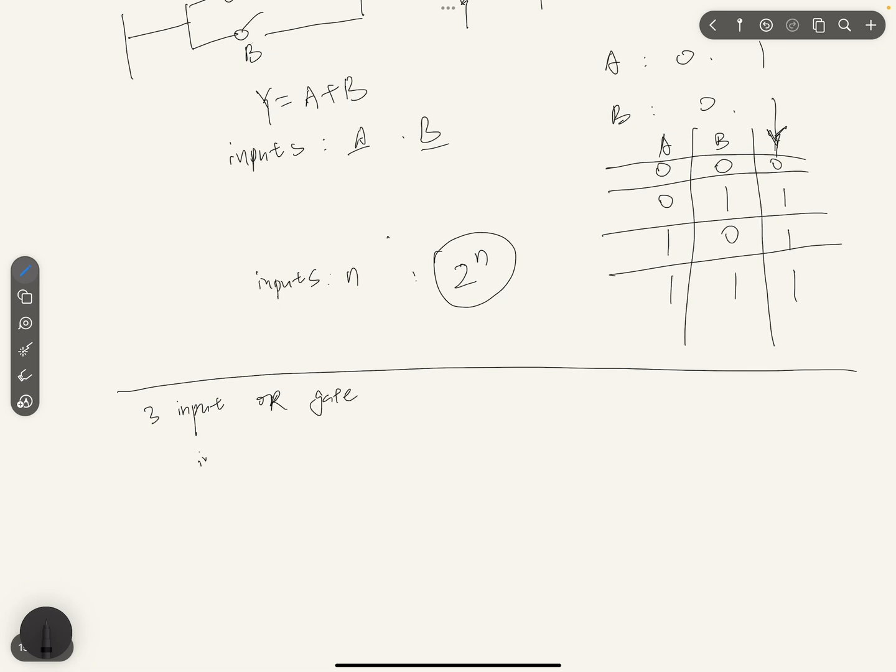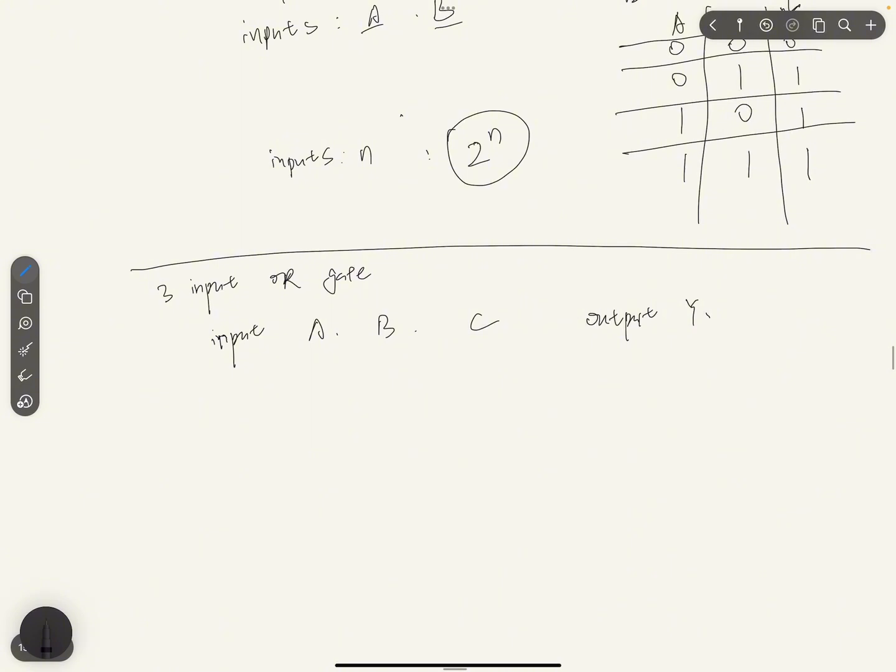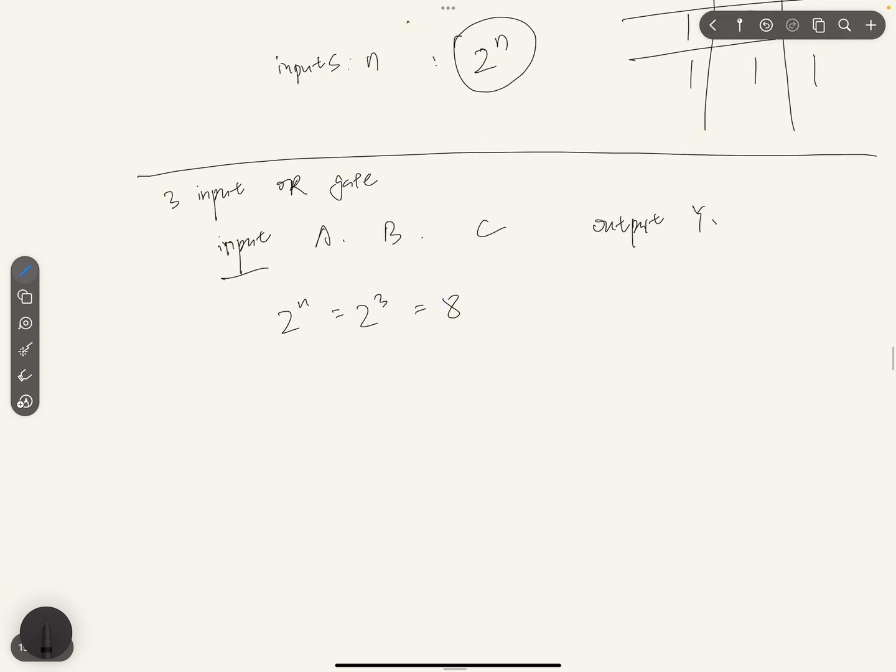Let's say the inputs will be A, B, C, and the output is Y. So we have 3 inputs, so the combinations will be 2 to the n, which is 2 to the 3, which is 8. So let's build the truth table for it. A, B, C, Y.